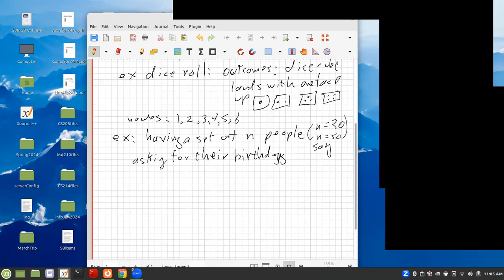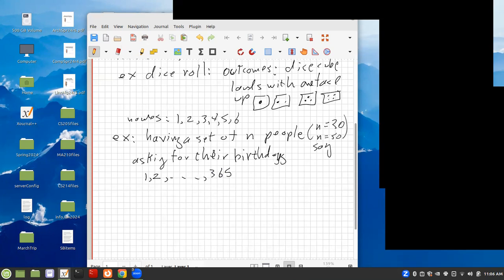Here you could label them by the actual names, like January 1st, January 2nd, January 3rd, February 15th, September 20th, up through December 31st. But there are 365 days in the year, so for one person, there are 365 possibilities.